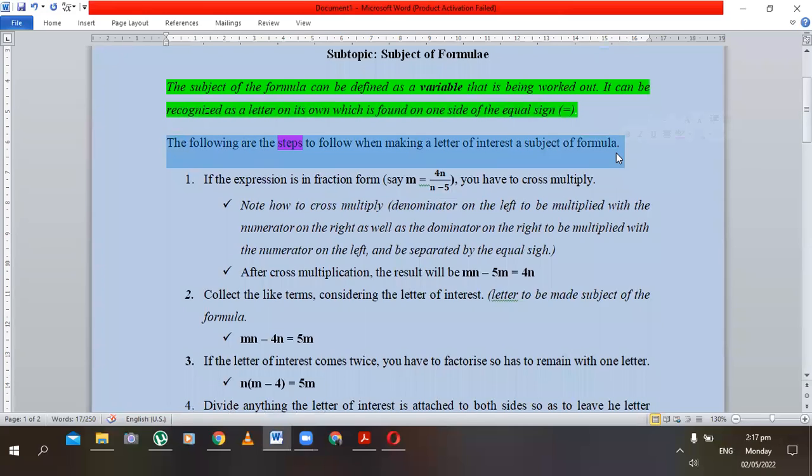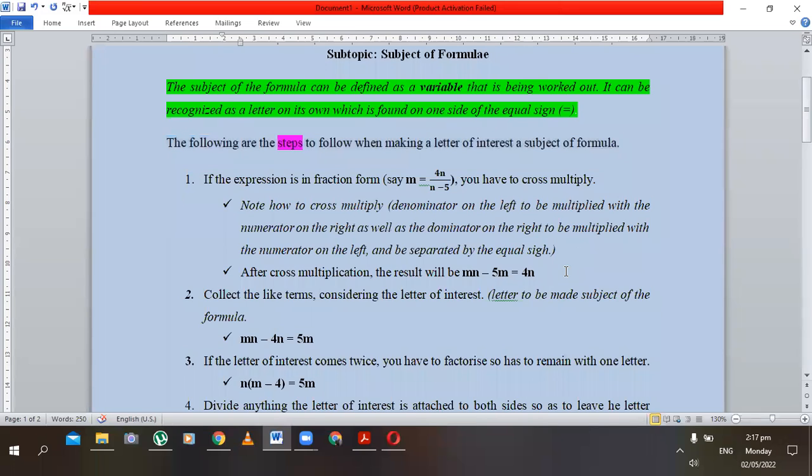These steps that I have given you are universal steps, meaning some steps may be followed, others may not be, depending on how the question has been asked.